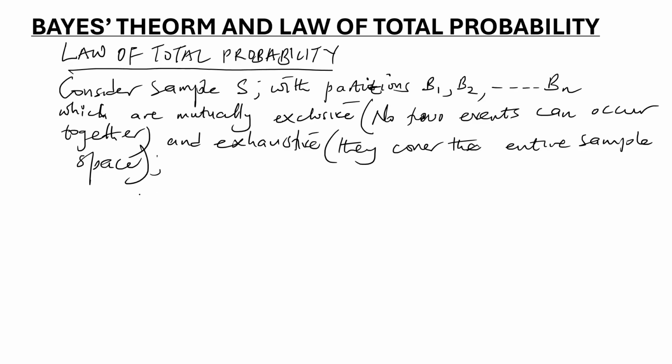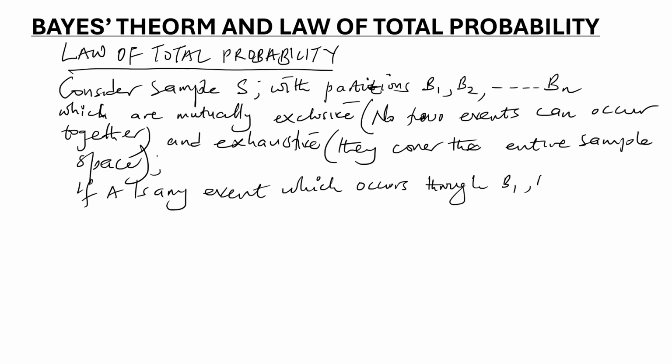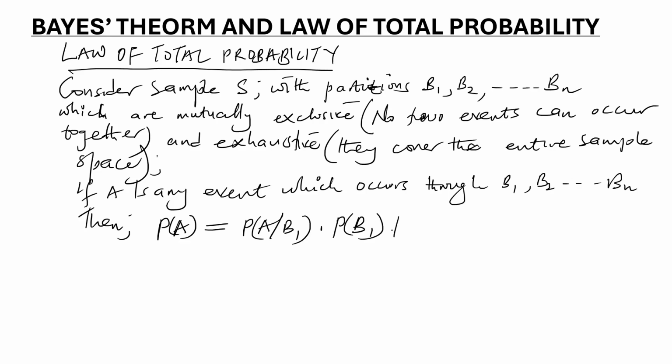Now, if there is another event A which is part of the sample space, and A occurs through B1, B2, etc., then the law says the probability of A is equal to the probability of A given B1 times the probability of B1, plus the probability of A given B2 times the probability of B2, plus as many as possible.